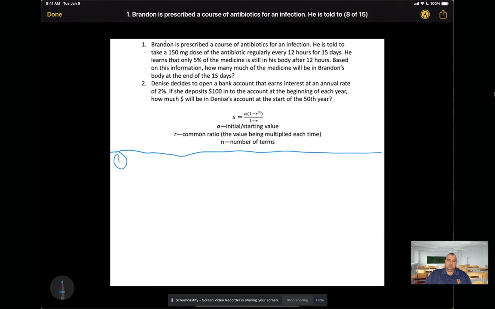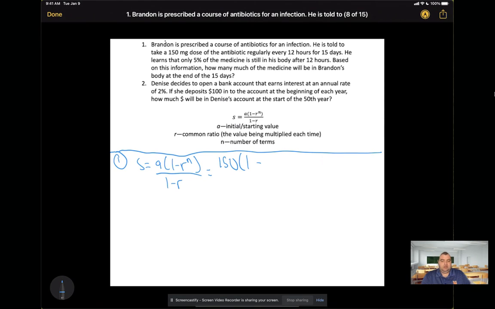days? So what I'm first going to do is I'm going to write the formula. And then let's go ahead and fill it in. So A is my initial or starting value. In this case, my initial value is how much medicine he takes initially, and that's the 150 milligrams.